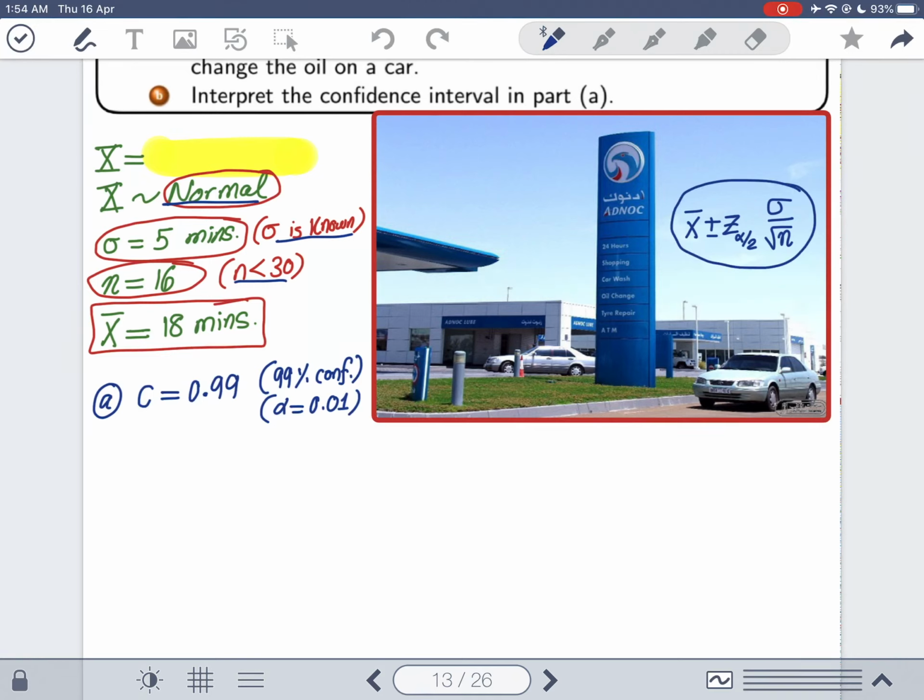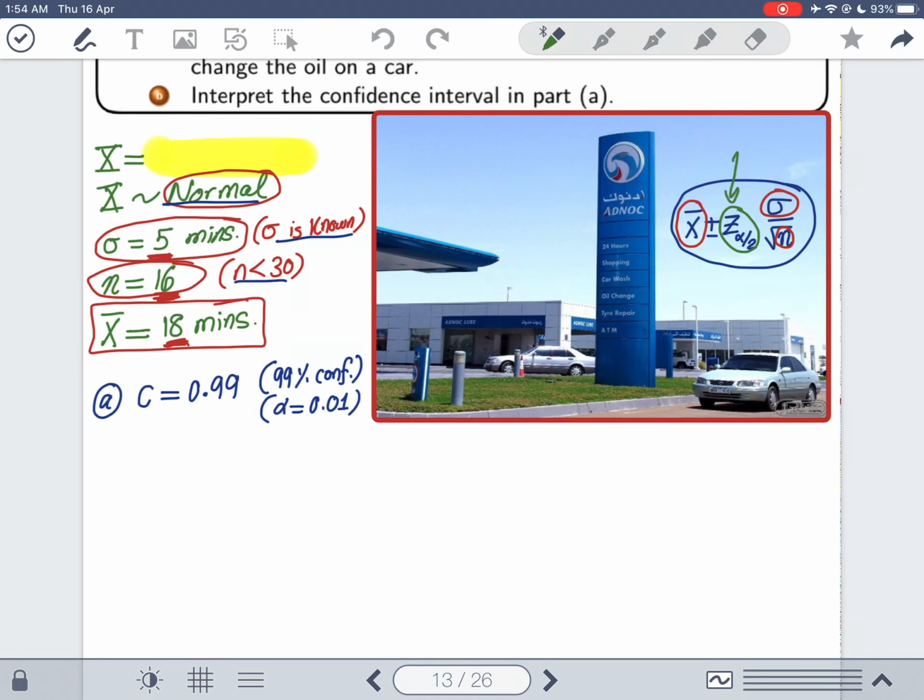Very nice. Now, what do we know from the given? We know x bar is 18 minutes, sigma is known, 5 minutes, and n, the sample size, is 16. What is left in order to solve the question is the last unknown in the formula, the critical value z sub c.